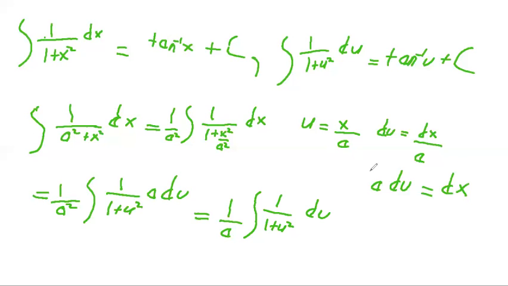Now, so what is this equal to, folks? According to this result right here, you're going to have 1 over a in front of tangent inverse of u. Now, I will save the step right here, folks. Tangent inverse of u, but u is just x over a, right?